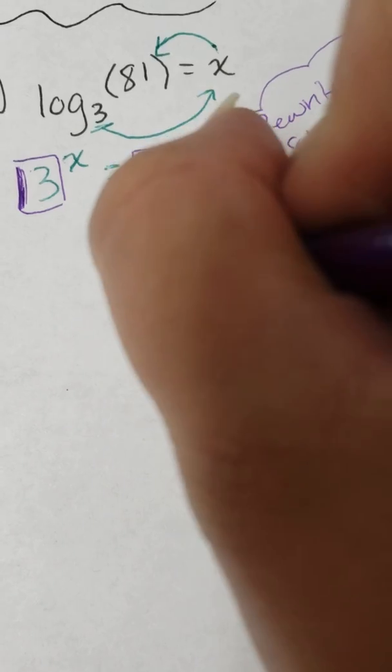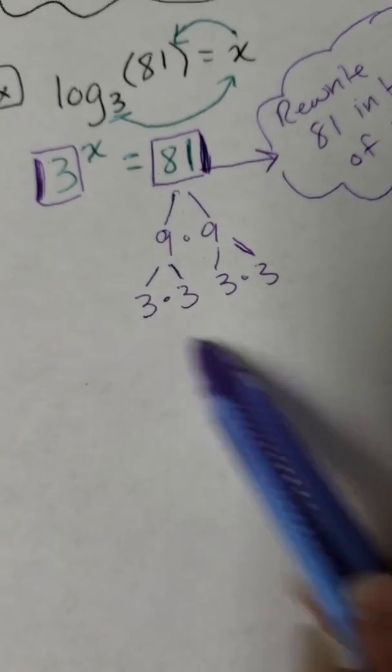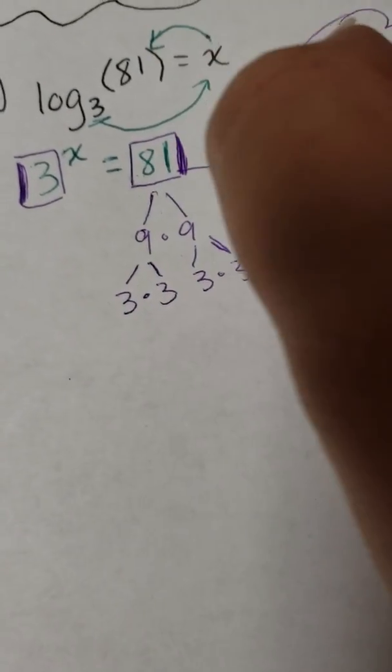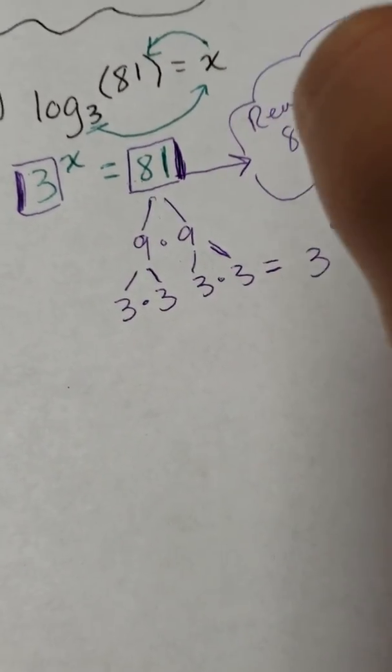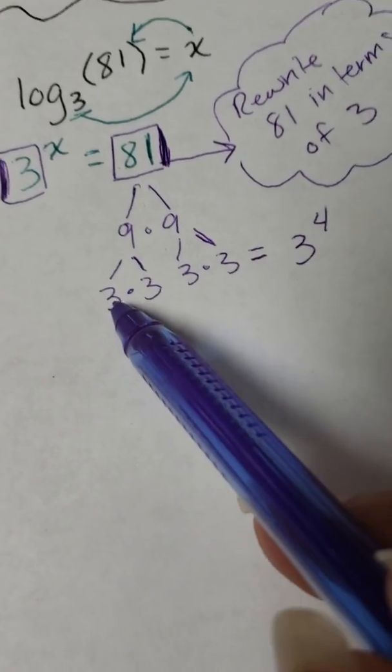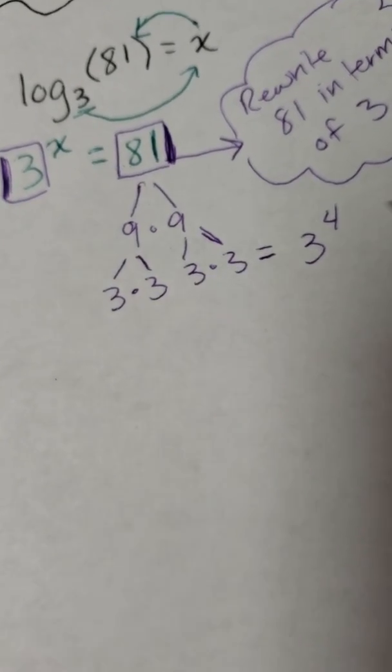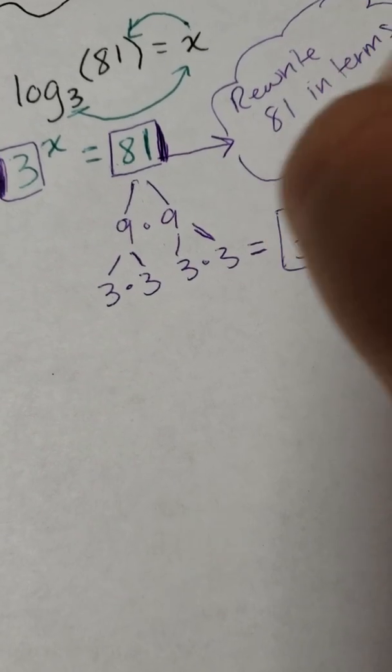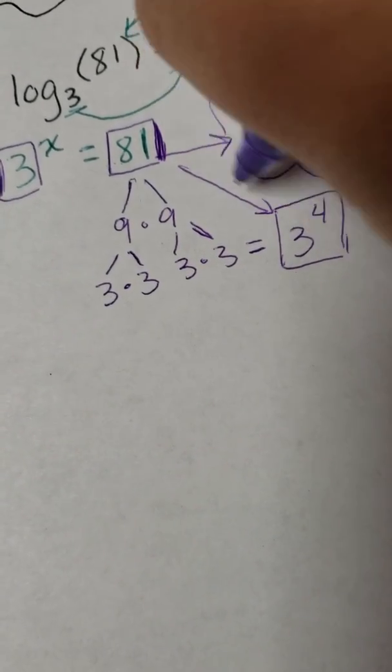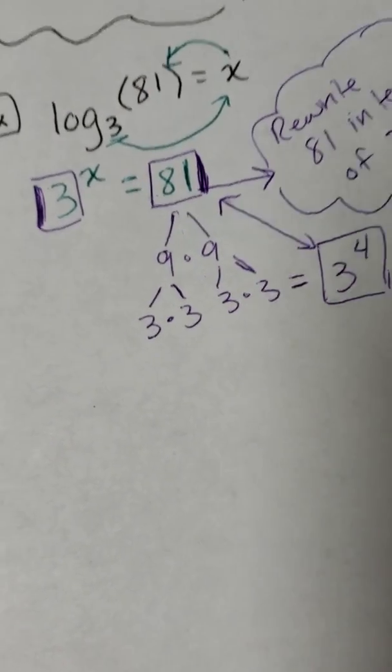This is 3 times 3, and this is also 3 times 3. Now you see we have a bunch of 3's. I'm going to rewrite that as 3 to the 4th power because there's 1, 2, 3, 4 of them. So 3 to the 4th power is the same as that 81.